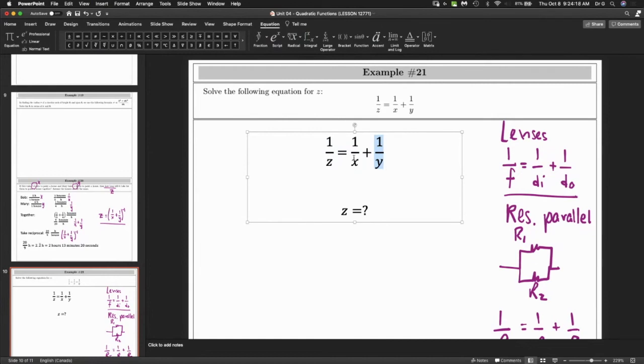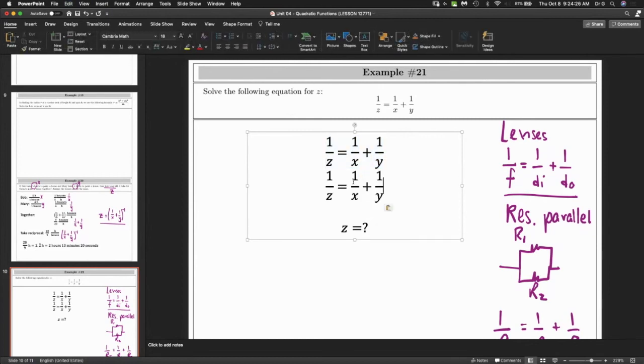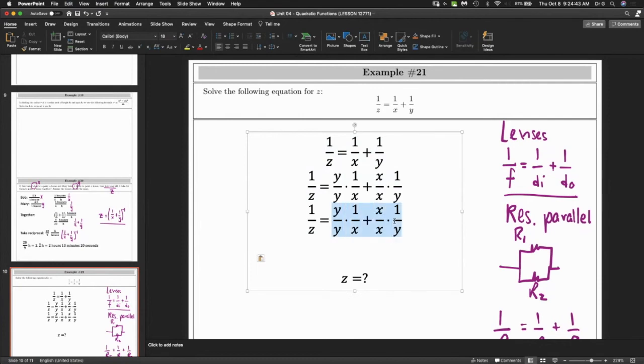You need to combine them. You need to merge them into one fraction. So the way to merge them into one fraction is to get a common denominator. So this first one here, I'm going to multiply by y over y. And the second one, I'm going to multiply by x over x. And when you do that, you get the following.